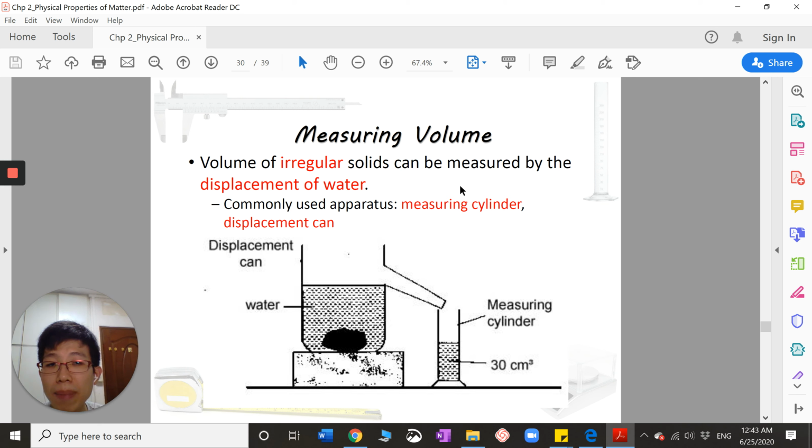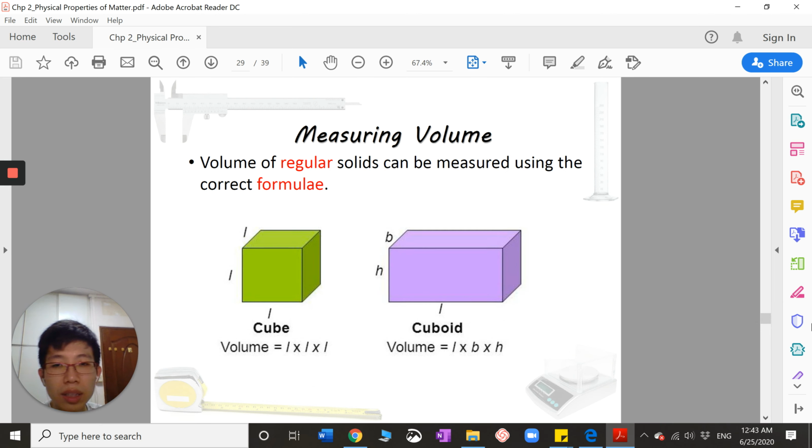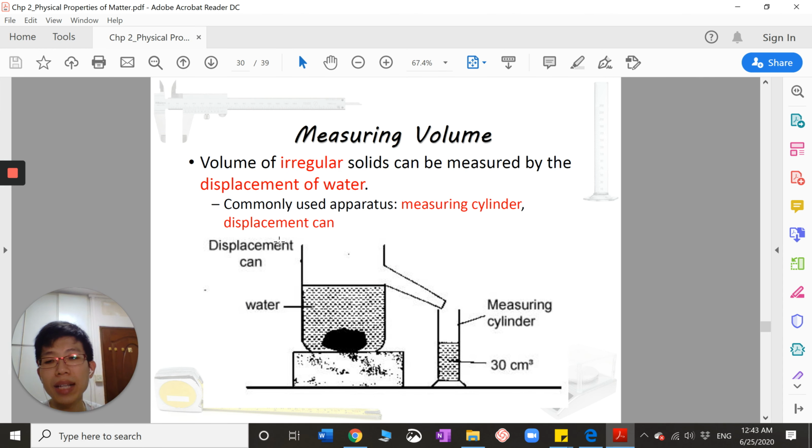So that's why we need to use a measuring cylinder or displacement can to measure the volume of that particular irregular solid. If everything is regular, like a cuboid or cube, we can just use the formula to find the volume. It's very straightforward. But mostly things around us are irregular in shape. You cannot really measure the length, breadth, and height to calculate the volume. That's why we need to use a measuring cylinder to find out the volume of these irregular solids.